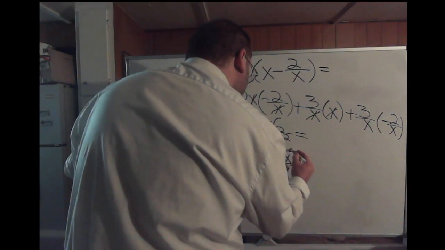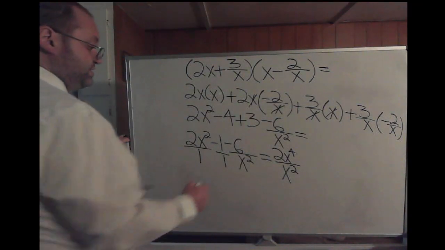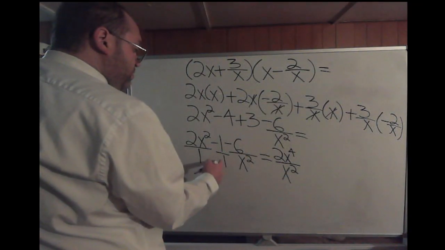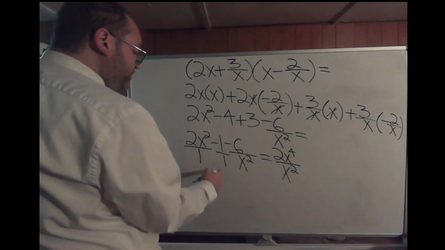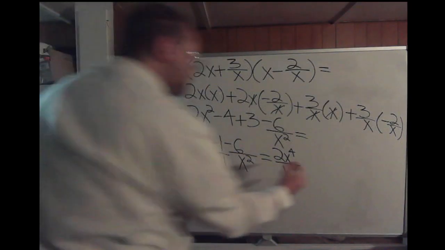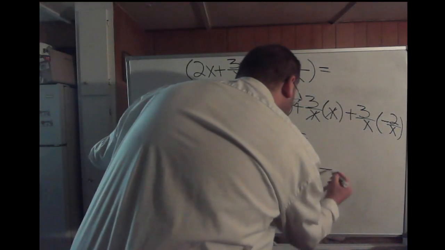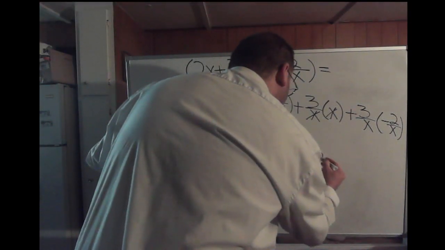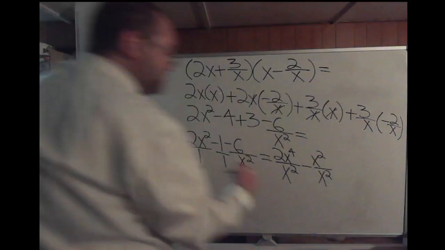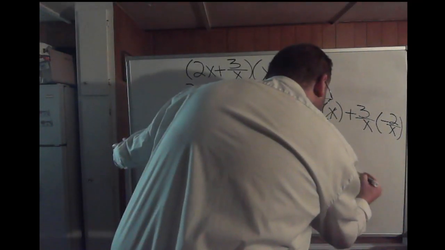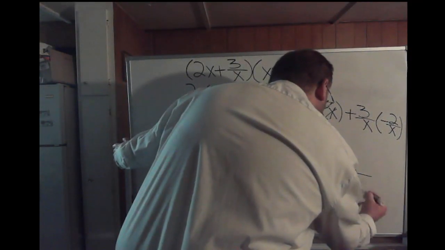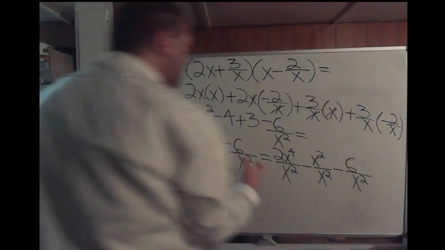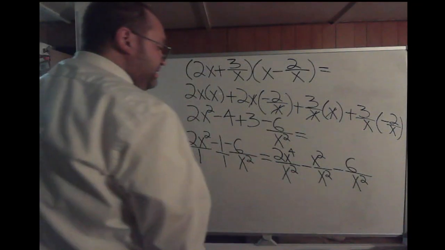Then you take that 1, make that x squared for your next term in the denominator. Then 1 times x squared, well, that's x squared. And then you have your 6 over x squared. Well, that doesn't factor any further.